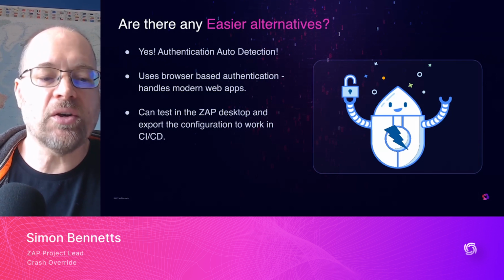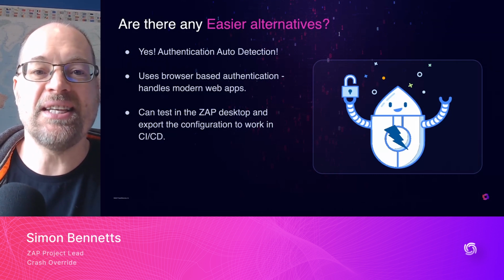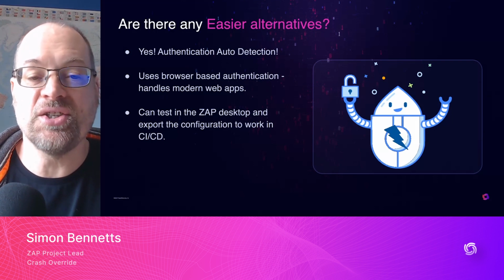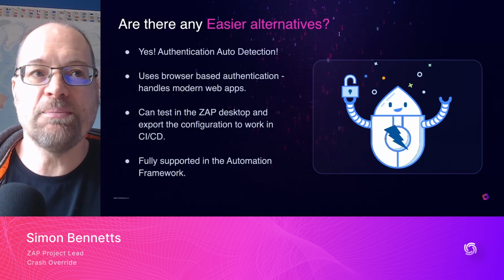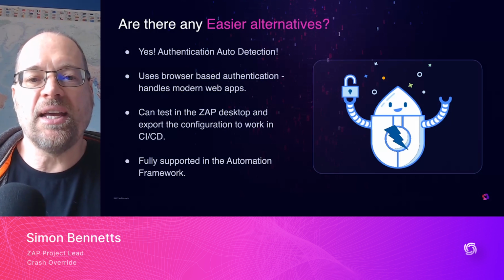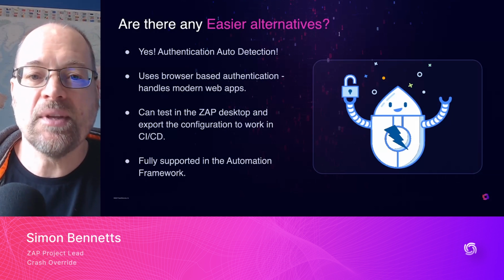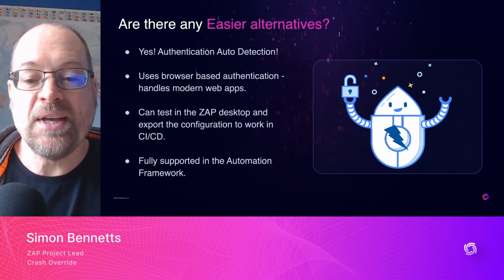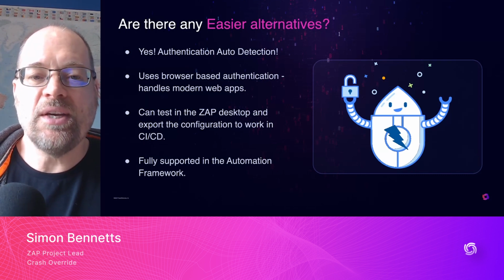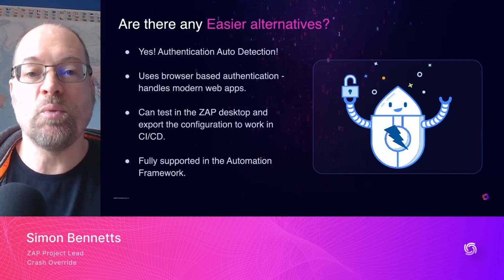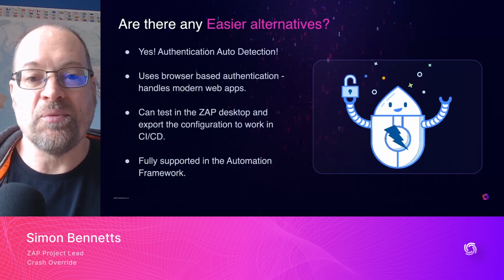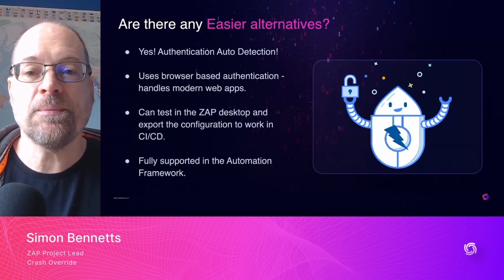And what we have is an option to actually test this in the ZAP desktop, and you can then export the configuration to work in CI/CD. And this is fully supported by the automation framework. The automation framework is a way to actually control ZAP, and you control it via a YAML file. It supports all of the key things that you'd expect you'd want to do when controlling ZAP in automation.